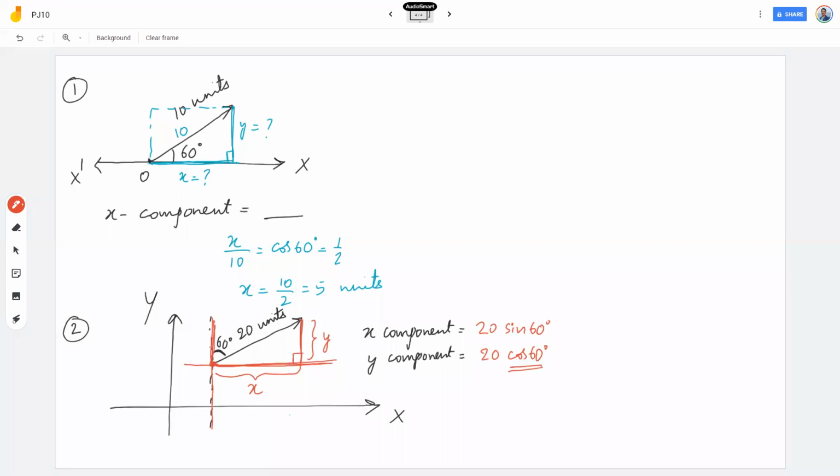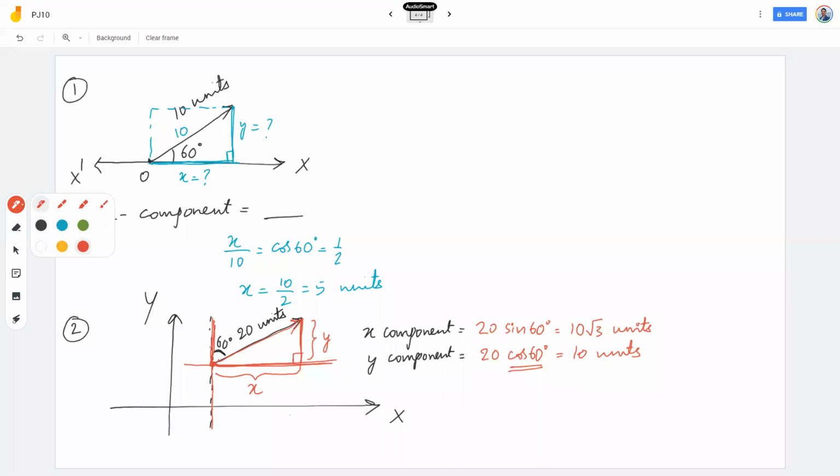Because the vector is making 60 degrees with the y-axis. So this would be 10 units y component, and this would be 10 root 3 units x component. So this is how you calculate the components.